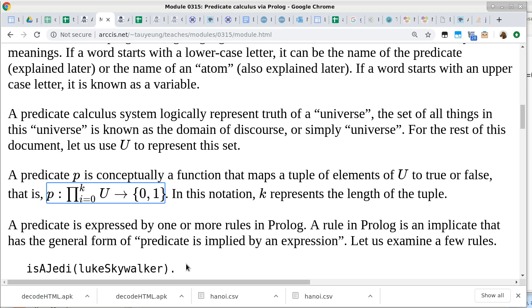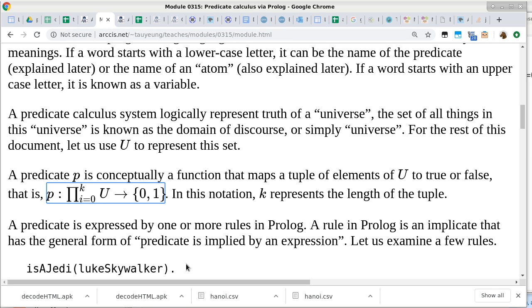So you can now have a 2-variable predicate that says, X is the teacher or professor of Y, okay? Is that okay? So that function can be defined across universe times universe, because occasionally, some professors may decide to take classes from other professors too, okay? So that becomes the predicate that we are talking about.